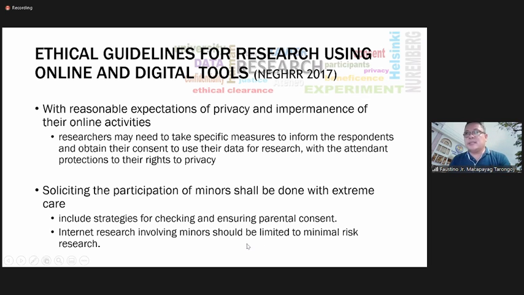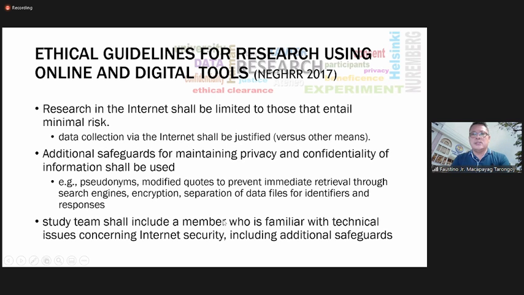But as much as possible, if you can do without involving minors, then you minimize the level of safeguards in your protocol that you're going to make. So please make sure that the research via the internet involves minimal risk, or even below minimal risk.